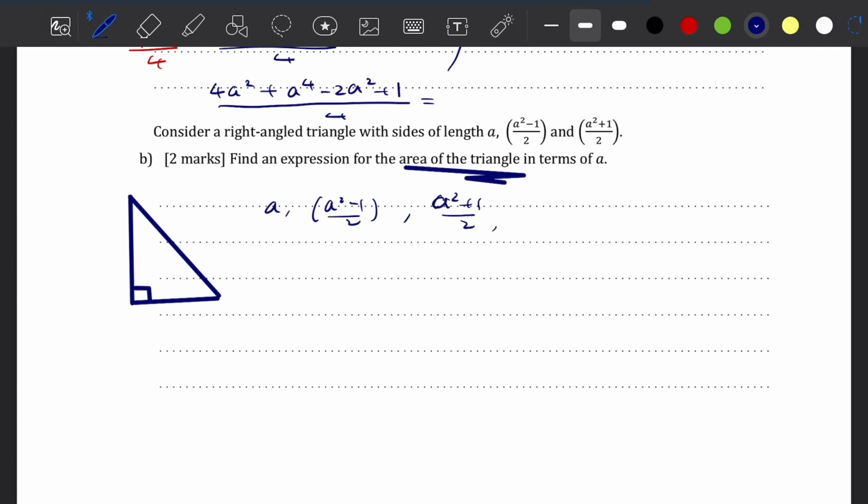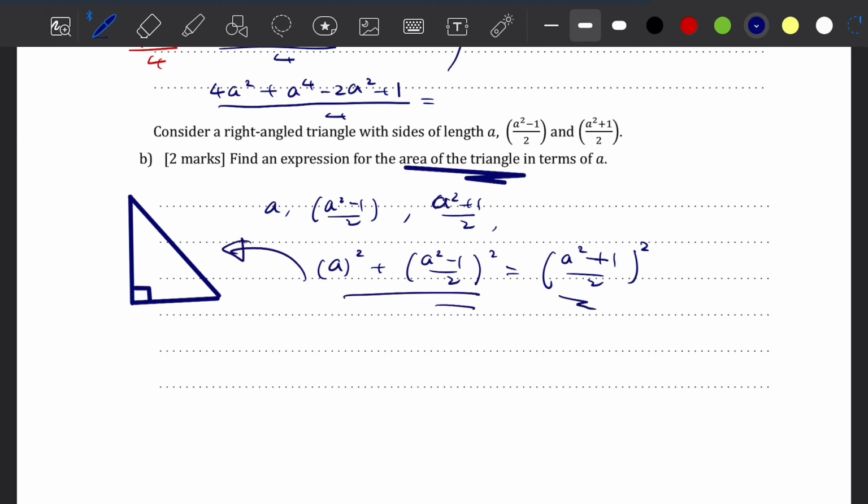So the first step is which side is what, right? From question A, we know that a squared plus a squared minus 1 over 2, squared, is equal to a squared plus 1 over 2, squared. This is something we already proved in question A. When we apply this statement to this right triangle, it is very similar to a squared plus b squared equals c squared, which is the Pythagorean theorem.